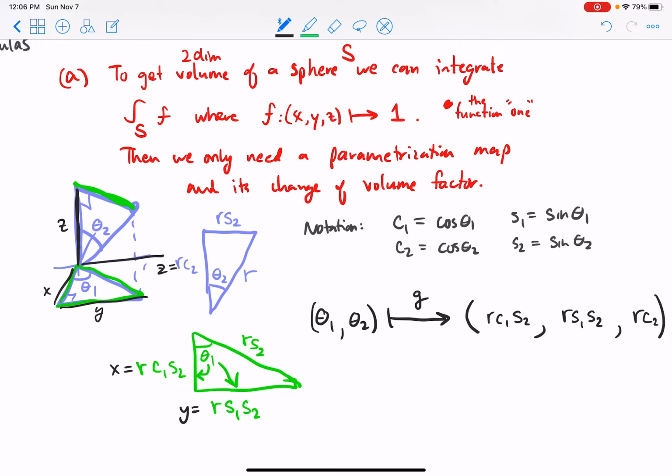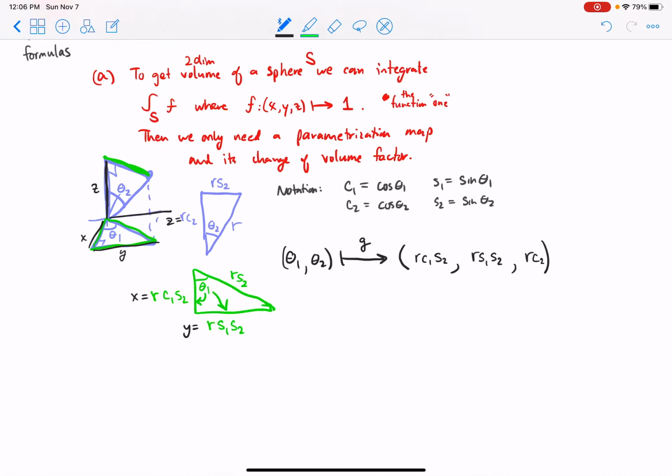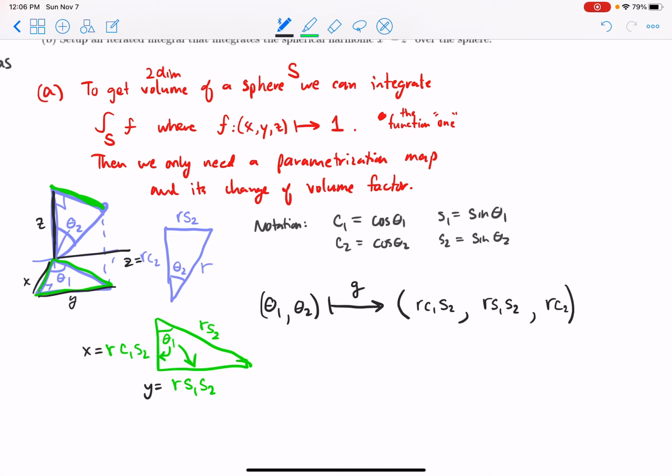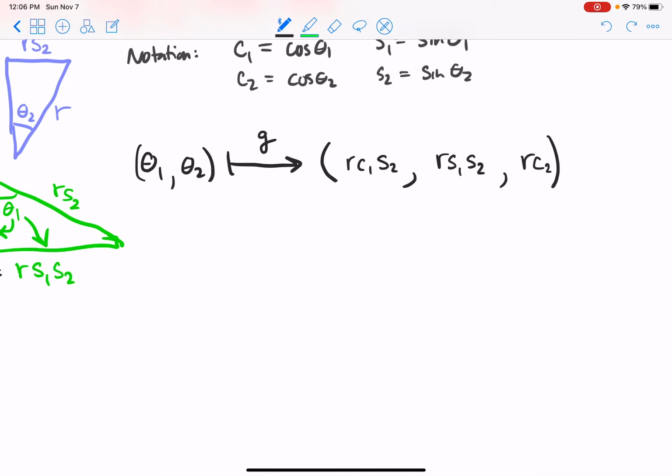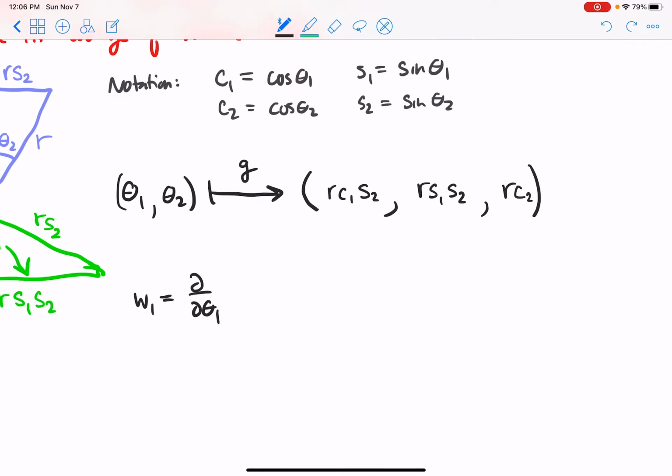Excellent. So all we need is the change of volume factor from this parameterization. Well, that means we need W1, which comes from the derivative of the first input variable. Now, remember that C1 is cosine of theta 1. So the derivative of cosine theta 1 with respect to theta 1 is minus sine of theta 1. So the derivative of C1 is minus S1.